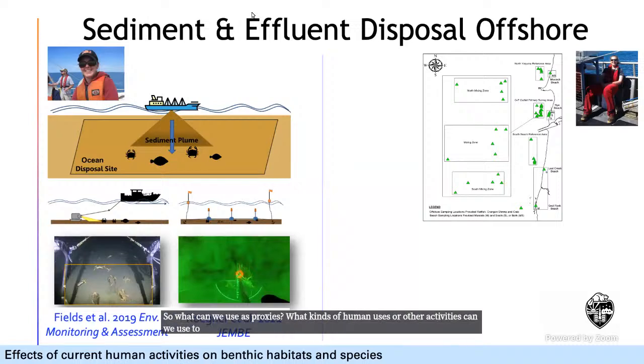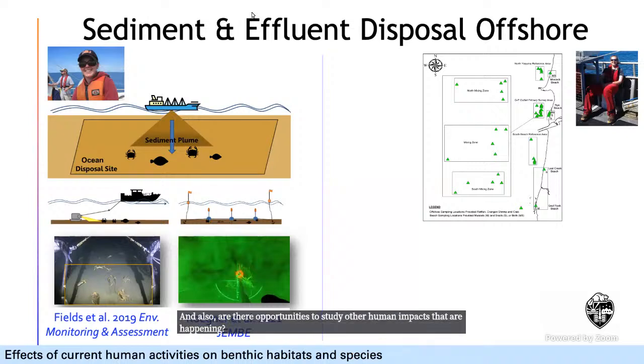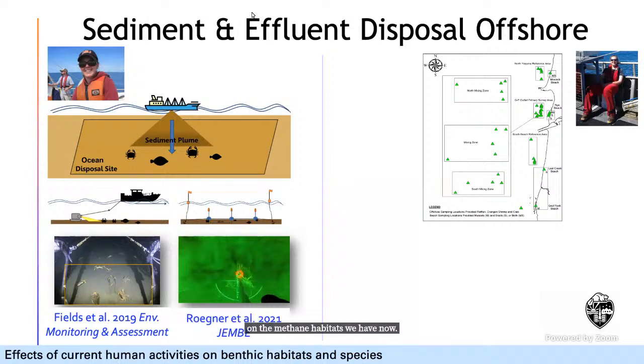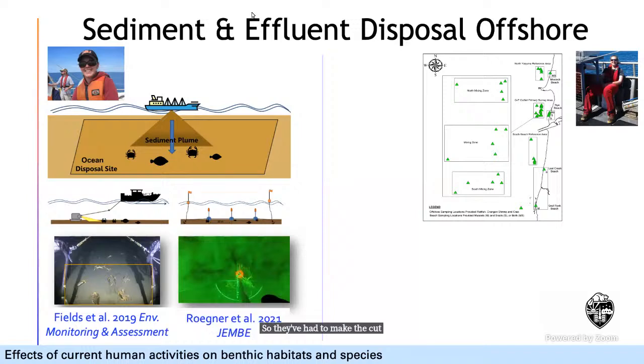What comes first before the sediment is a giant pressure wave. It turns out the pressure wave blows the crabs away. But they're gone, they're long gone. The sediment comes down, it blacks out the camera, the sediment settles, and the crabs come back. Yes, they love it. So this was an extremely effective project.